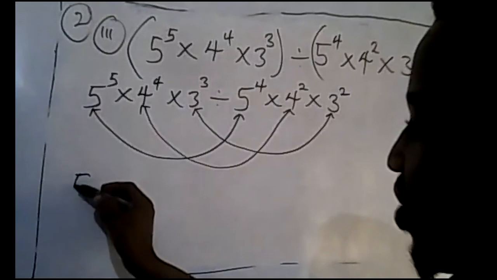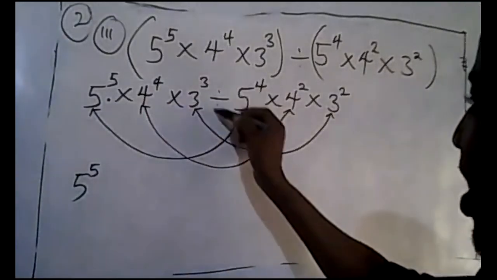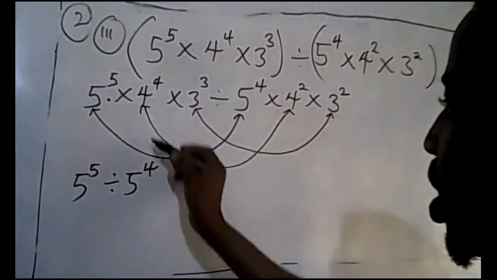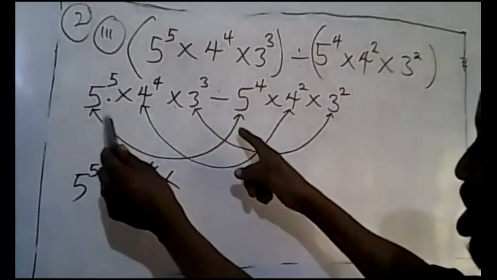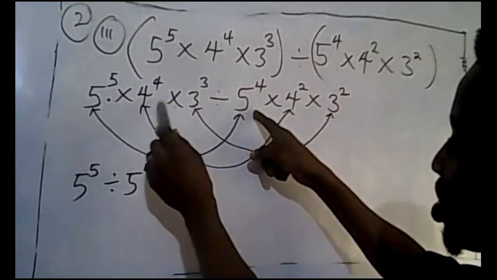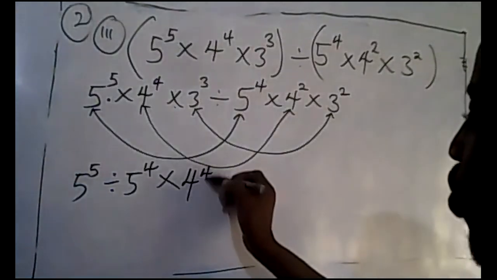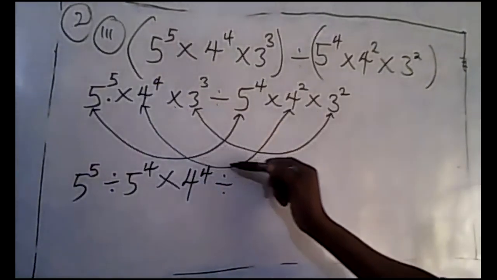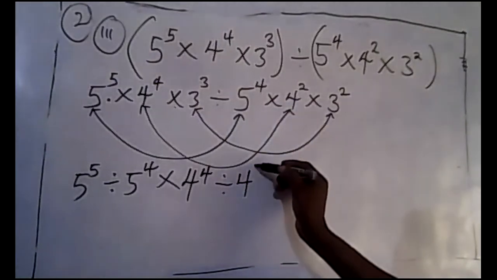So you have 5 raised to power 5, the first one, divided by 5 raised to power 4 here, times, now that you have sorted out this divided by this, the next number, 4 raised to power 4, divided by, since you have paired this 4 and 4, 4 raised to power 2.